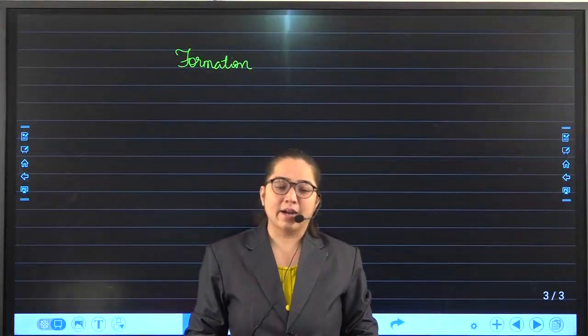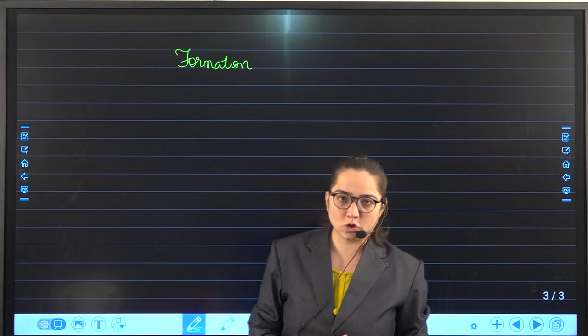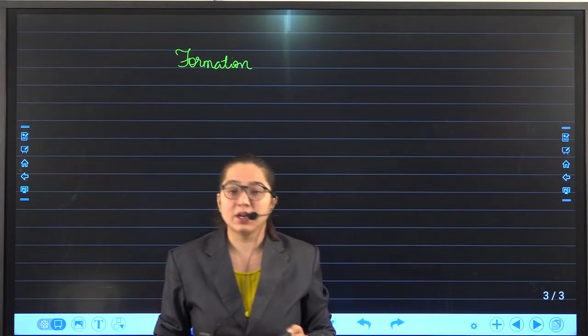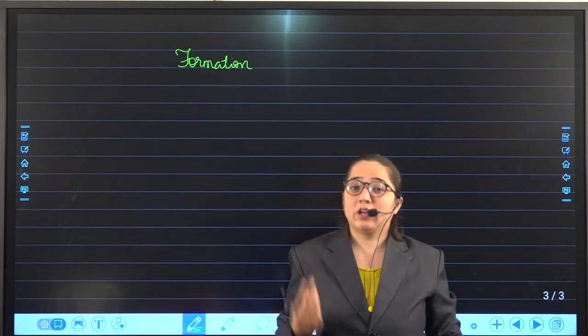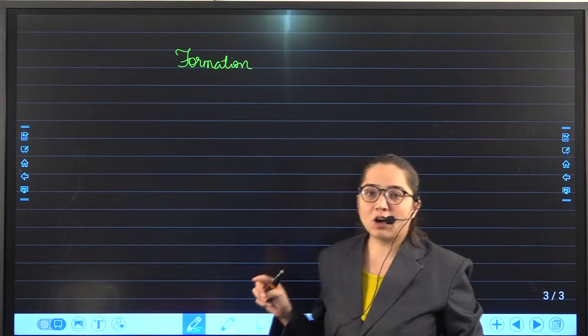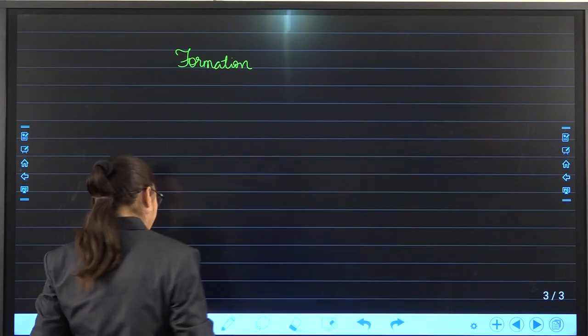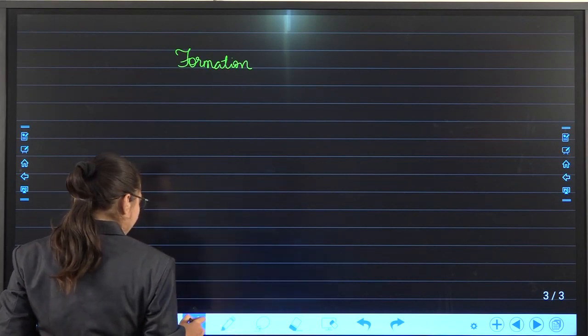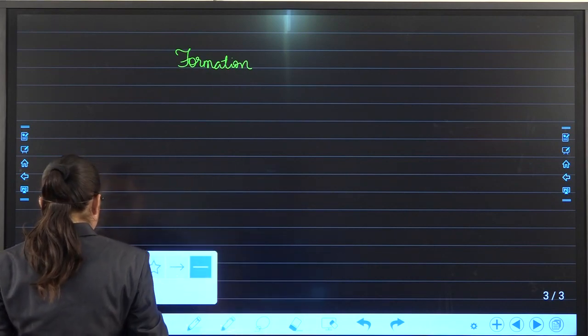Now let us understand how the formation of the kaleidoscope takes place. For that, as we saw in the materials needed, we need 3 rectangular strips of 15 cross 3 dimensions. So here we have 3 mirror strips.